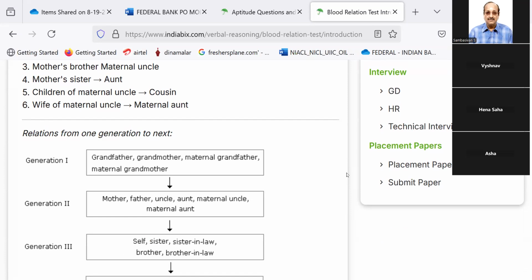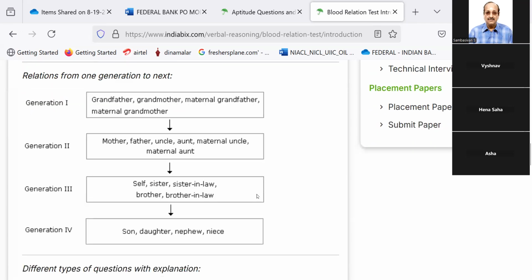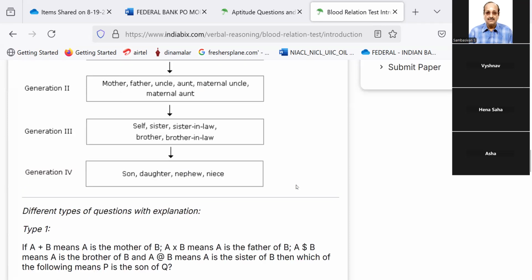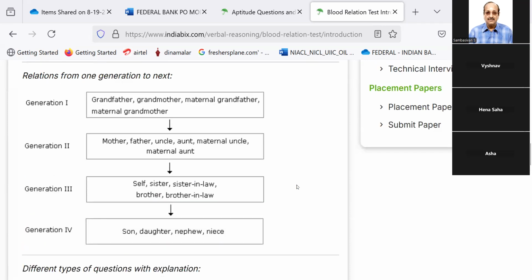Generation 2, mother, father, uncle, aunt, maternal uncle, maternal aunt. Generation 3, self, sister, sister-in-law, brother, brother-in-law. And generation 4, son, daughter, nephew, and niece.